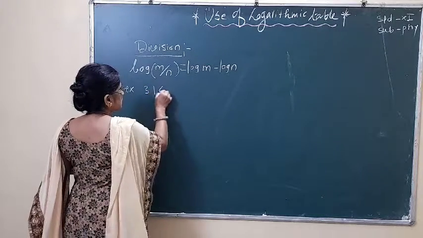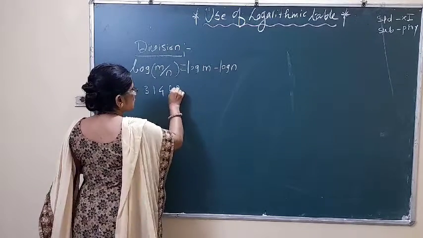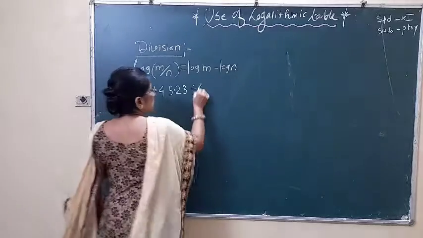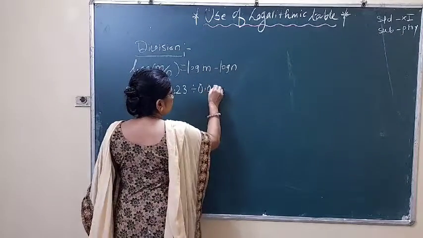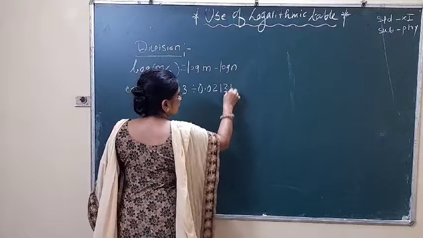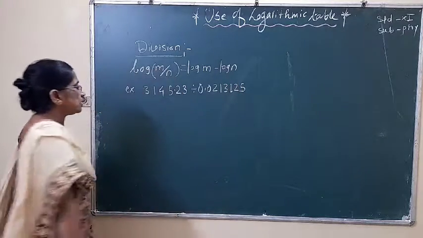Thirty-one forty-five point two, divided by 0.0213125.